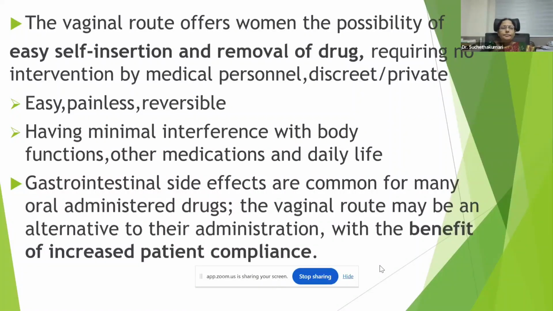Next, the benefits are easy self-insertion and removal of the drug, requiring no intervention by the medical personnel. So it can be very private also.